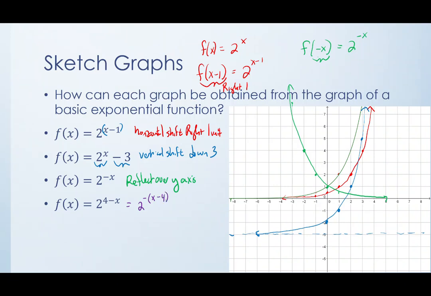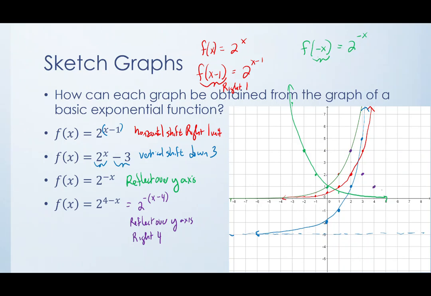What that says is that we have a reflection over the y-axis and a horizontal shift right 4. Okay, and so you can do this whichever way you like. I would say reflect first, so we've got the green one, and we're going to move that thing to the right by 4. So 1, 2, 3, 4, 1, 2, 3, 4.